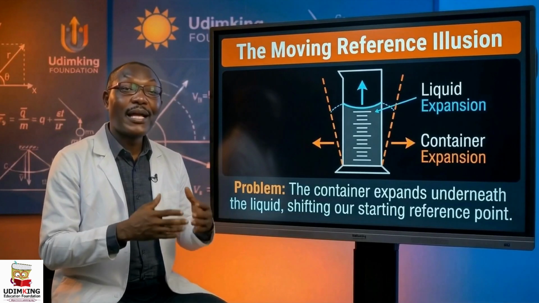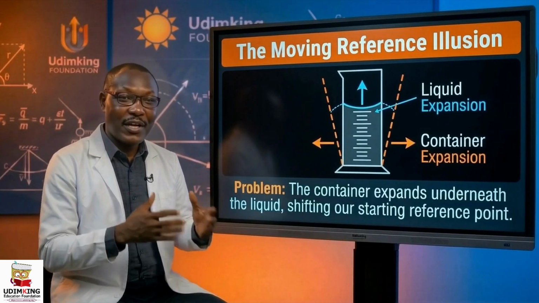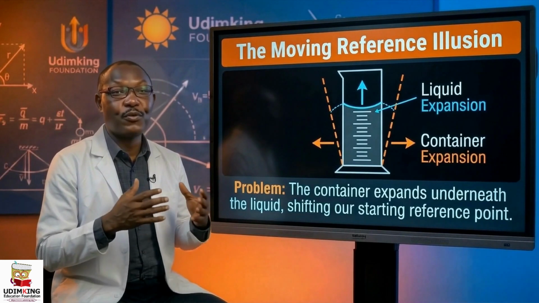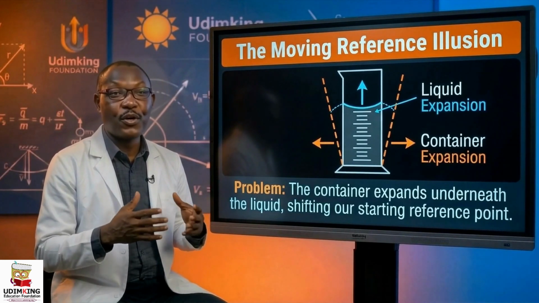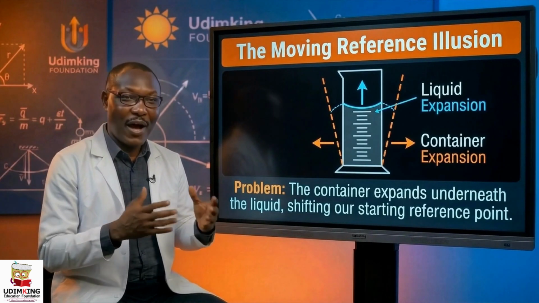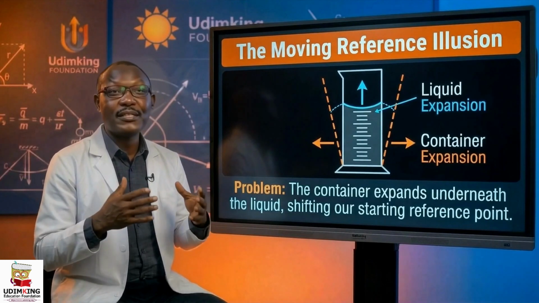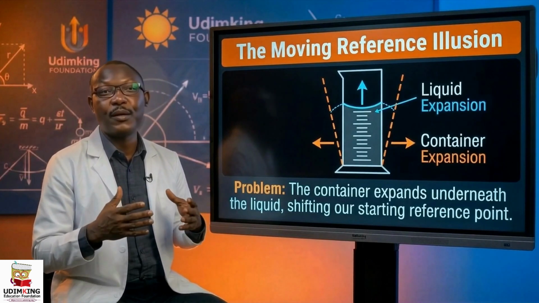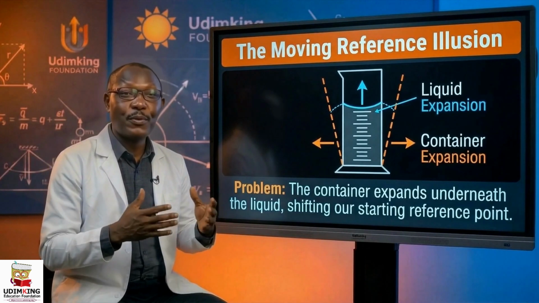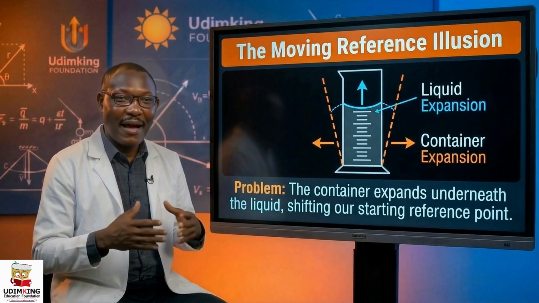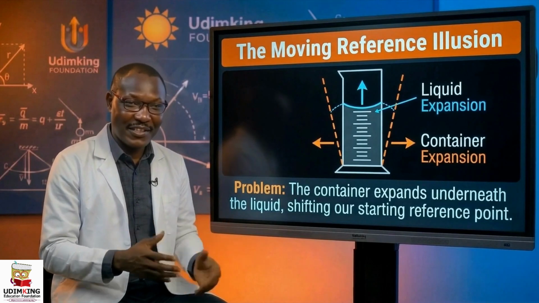Now, defining cubic expansivity for a liquid sounds simple. It should just be how much the volume changes per unit of its original volume for every degree change in temperature. But in reality, measuring this change in volume is incredibly tricky. Why? Because a liquid must sit inside a container to be measured. And as we know, the container is expanding at the exact same time the liquid is expanding.